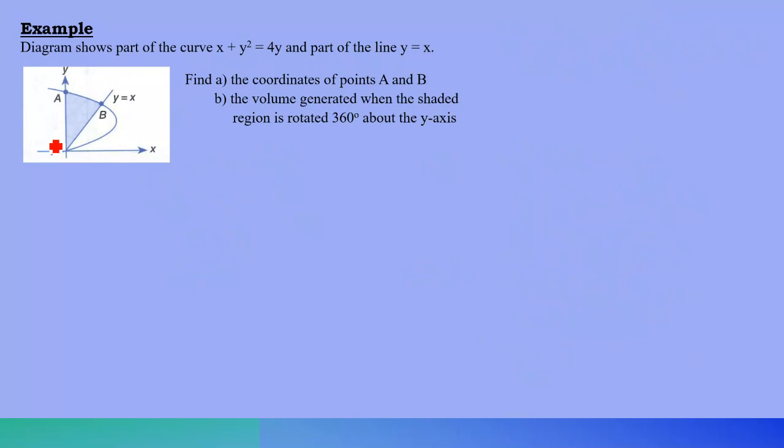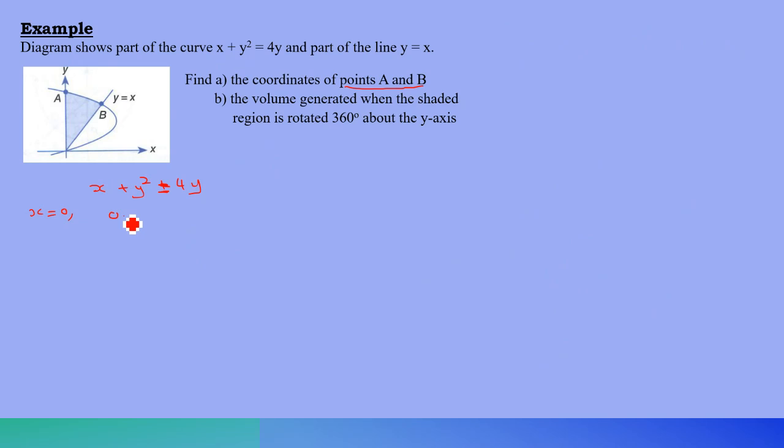Can you see the curve here and the straight line? First, they ask you to find the coordinates of A and B. To find A, it is where the curve intercepts the y-axis. So your curve is this. Intercept with the y-axis means you put x equals 0.